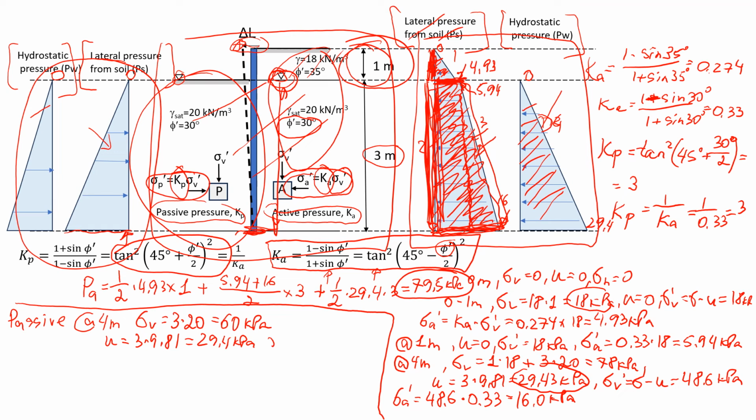Then the effective vertical stress will be the difference between total stress and pore pressure, and that will give us a value of 30.6 kPa.